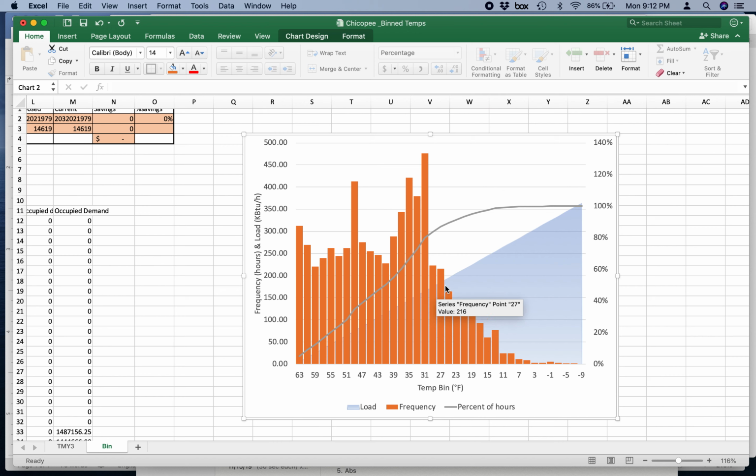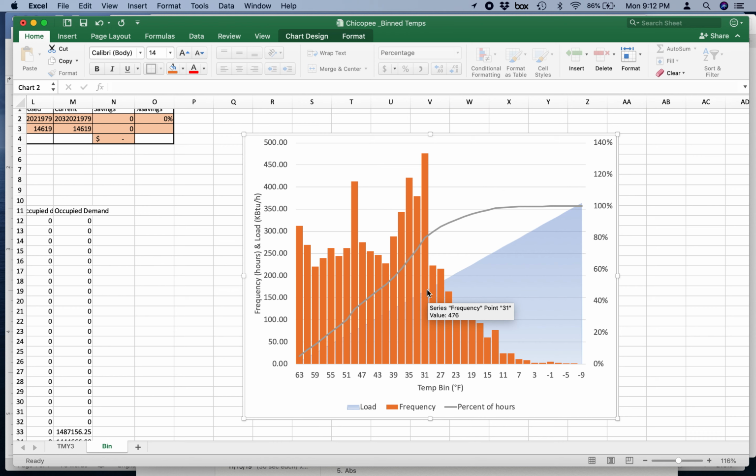And yet we could design a heating system, like a supplementary heating system, that addressed 84% of the load. 84% of the time, it only addresses about, what would this be? This is about half, right? That's roughly half of the load. At roughly half of the load, we are covering 84% of the heating season.